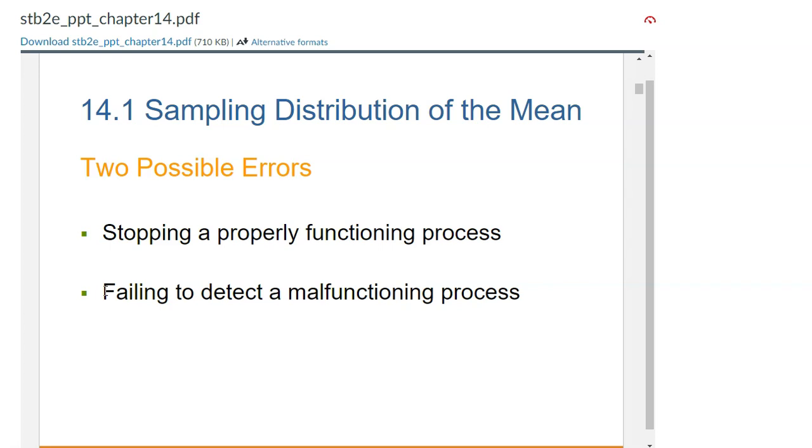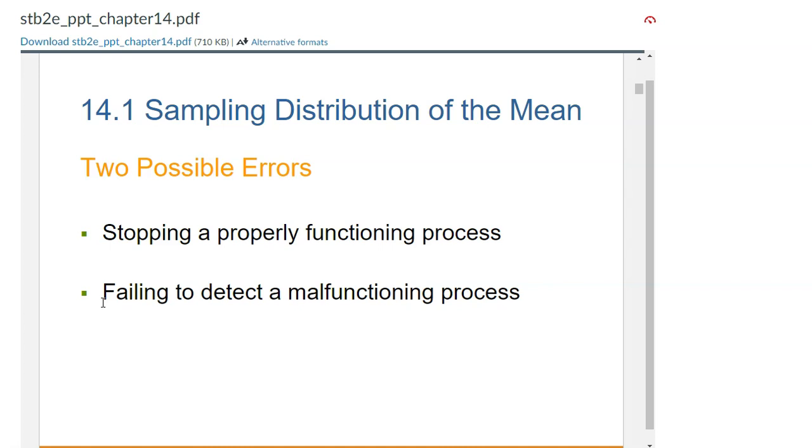The second type of error in decision making is there is a problem in the system, there is an error in the process, in the system, and we don't detect it.